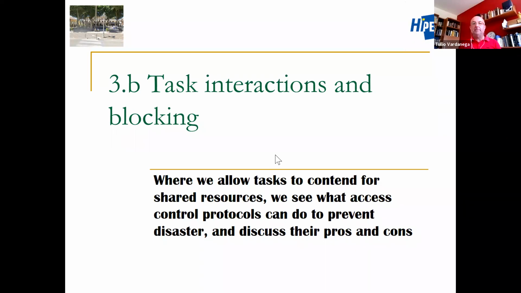Data sharing. But data sharing is very dangerous because there is preemption, not because of data sharing. There is preemption because of scheduling. So imagine what happens if you are sharing variables or data structures and you are preempting.